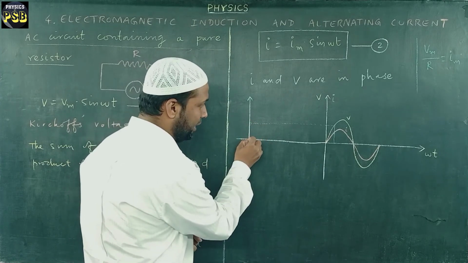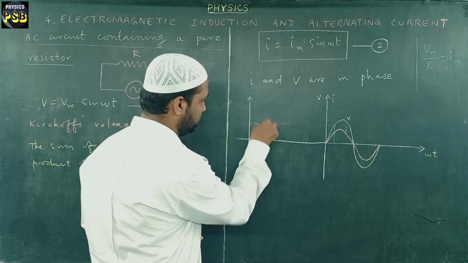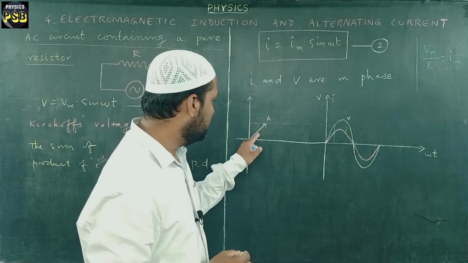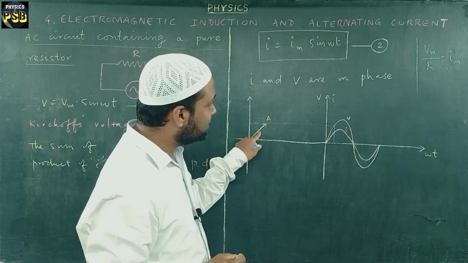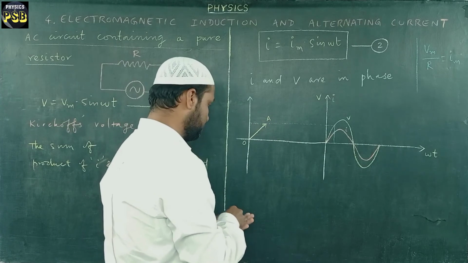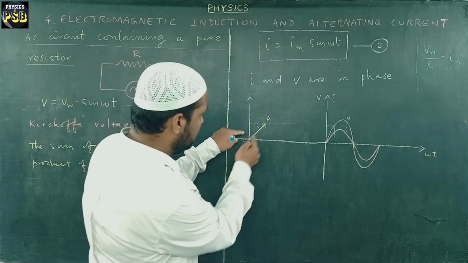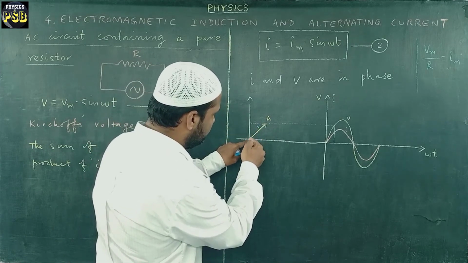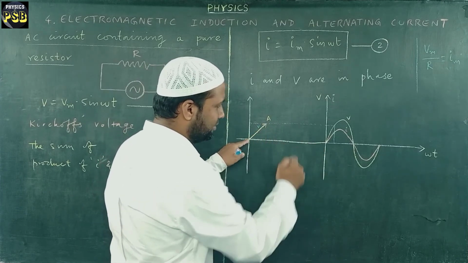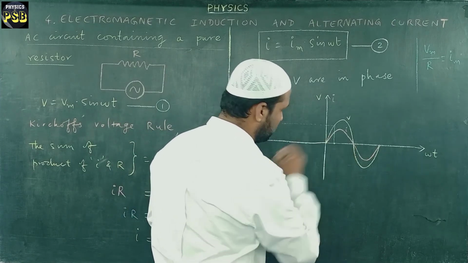From here I draw a line, named as OA. This line OA represents a phasor which provides voltage V. Here the angle that this phasor OA makes with the x-axis is nothing but the value of omega t at this point.